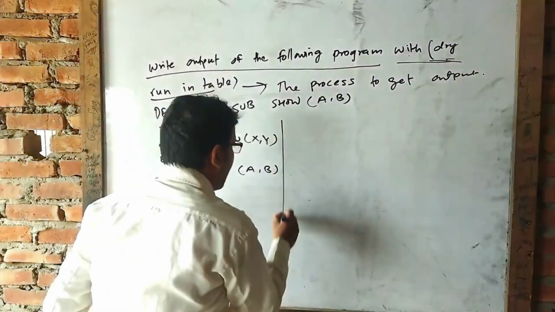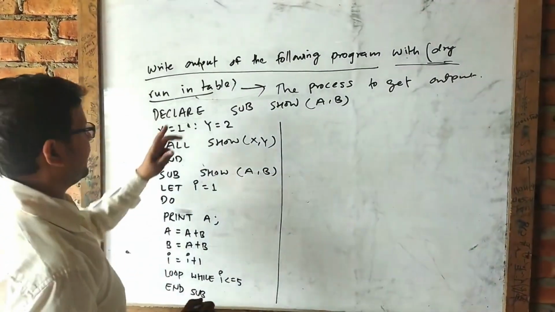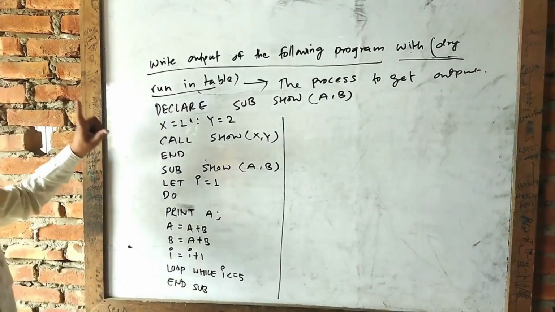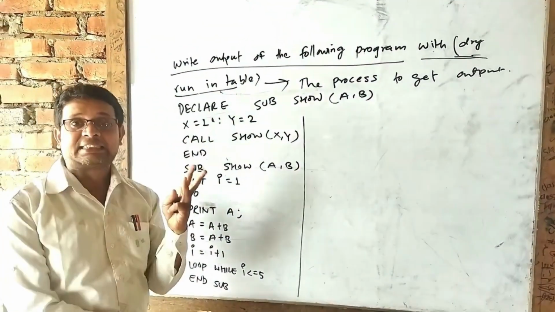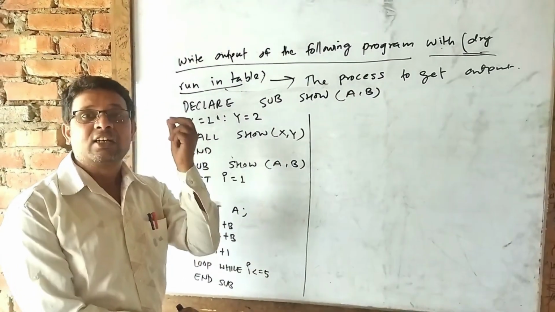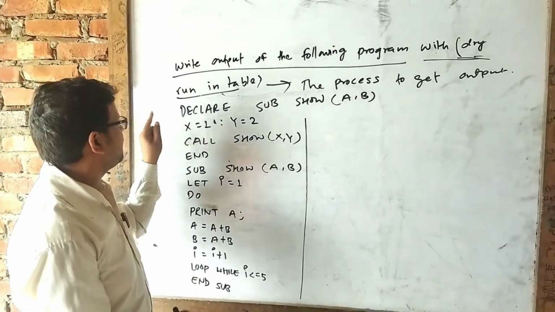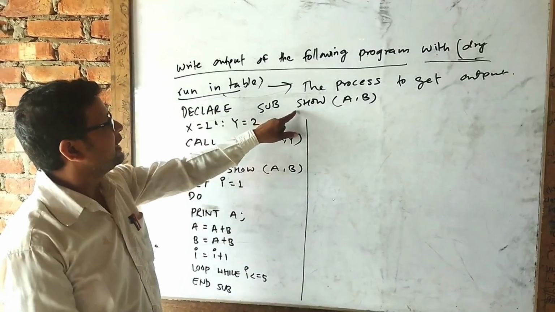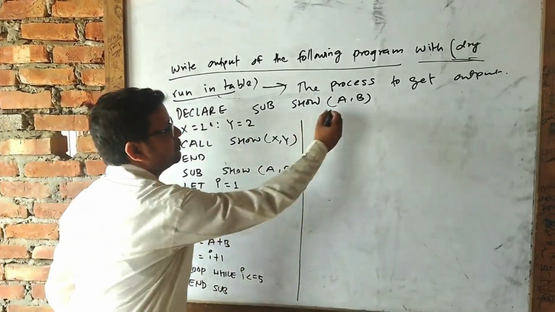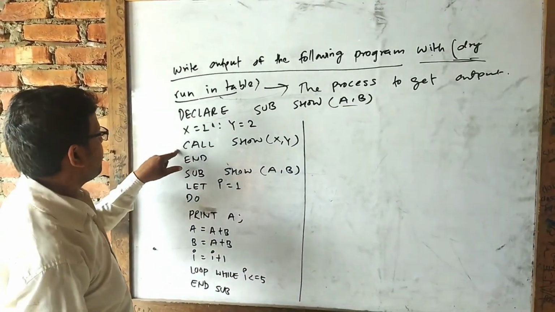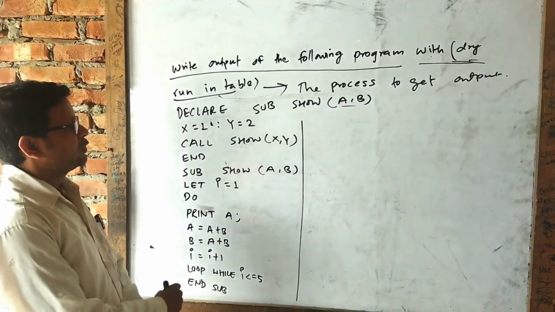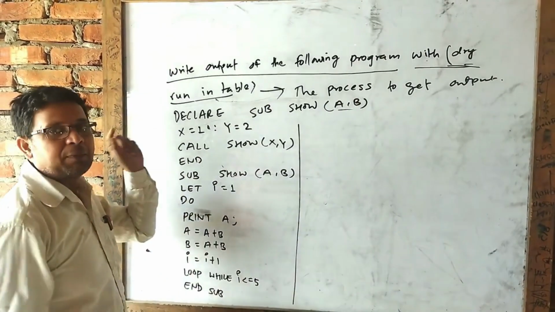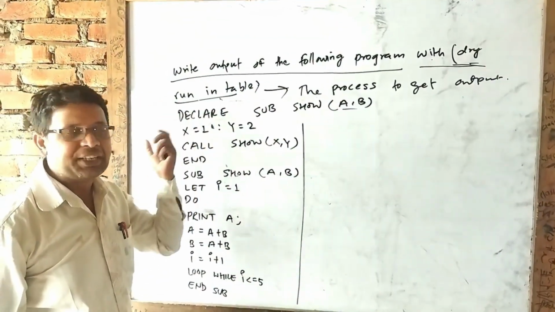So now I am making a table here. In modular programming, you know there are 3 steps: declaration, calling and defining. Here first you can see the declare statement, here are the parameters, here is the calling statement, and the other is the defining statement. From the starting step we have to create a table.